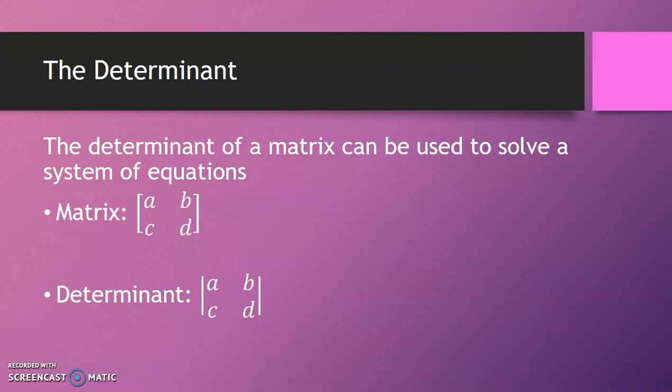But if they are asking you to find the determinant of a matrix and they give it to you in that matrix form, you can just replace those rectangular brackets with these parallel lines and still follow the rules for finding the determinant. In order to do that, you cross multiply with your elements, so A times D and C times B, and then you subtract in the middle.